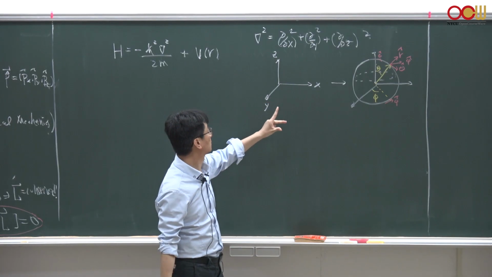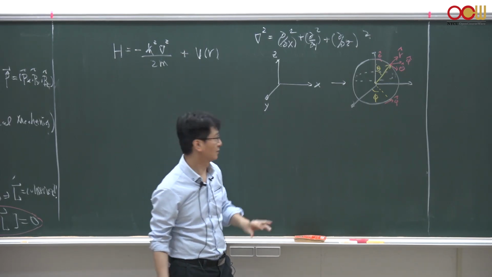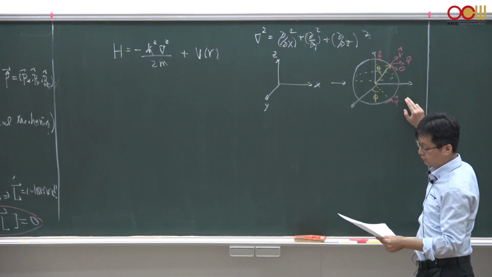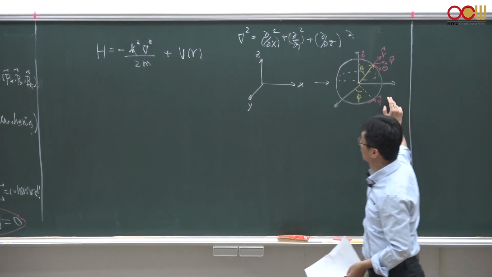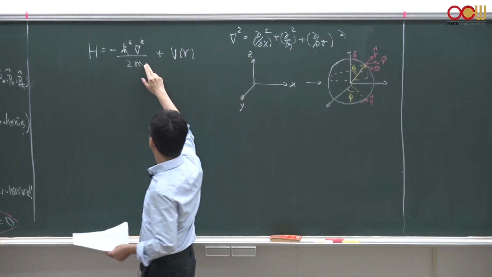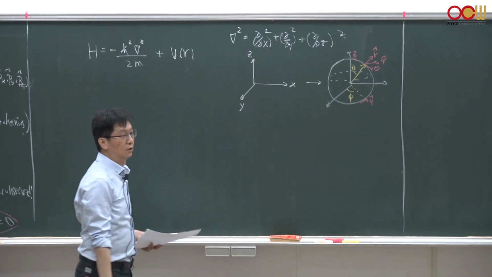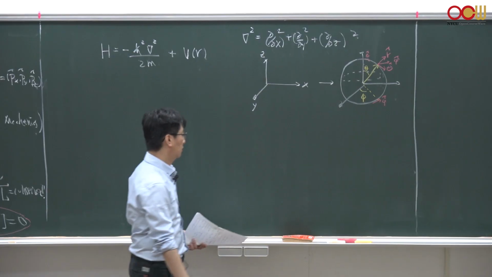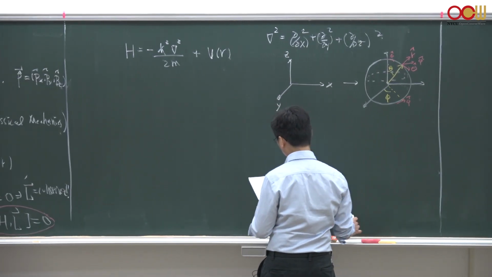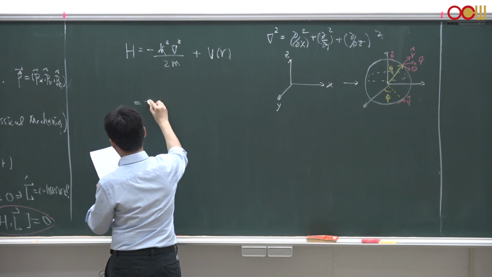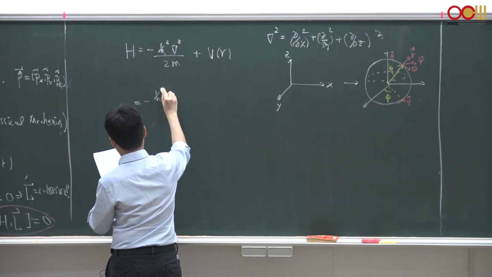So you know that, right? And in that spherical coordinate, we can rewrite this gradient square and V of r in terms of these spherical variables, r, theta, and phi. So let me just write down the final result.